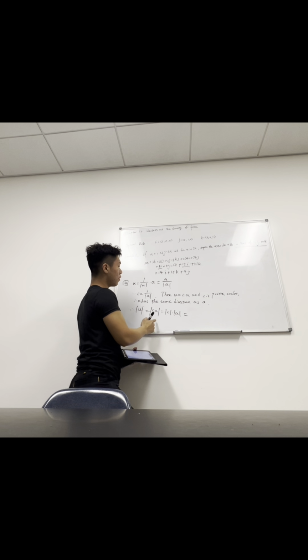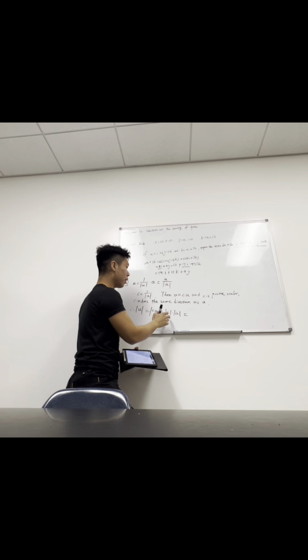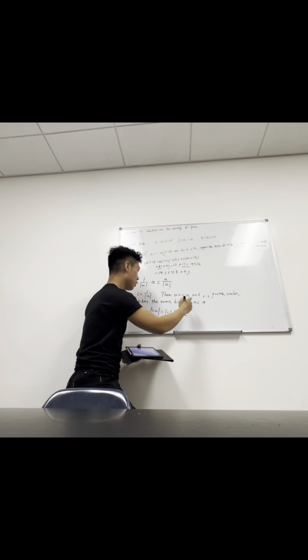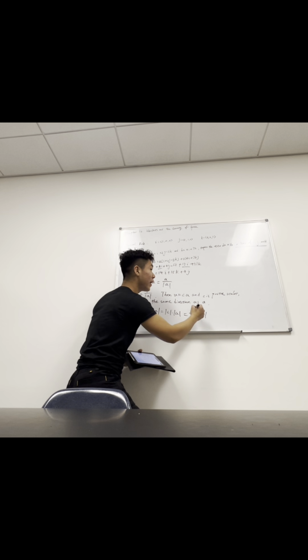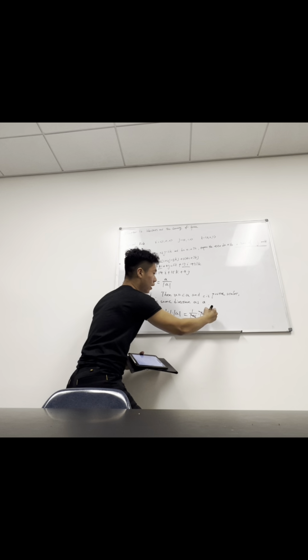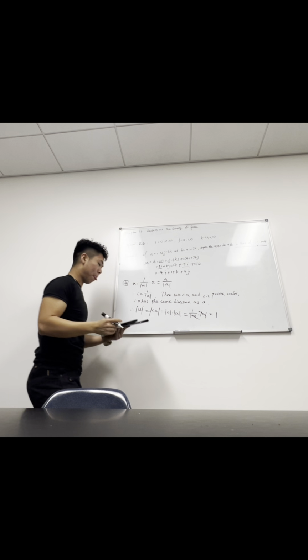For c, we know it's equal to 1 over the absolute value of a. So we replace the c with that one, which is 1 over absolute value a times absolute value a. Then they can cancel out, right? Because they got the same term. They cancel out, which is only one left.